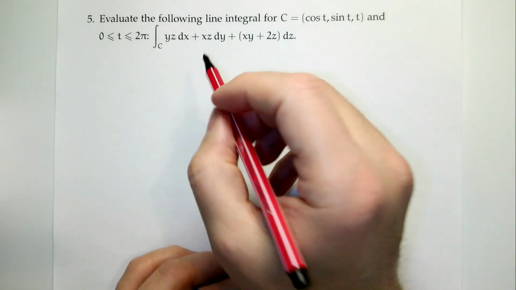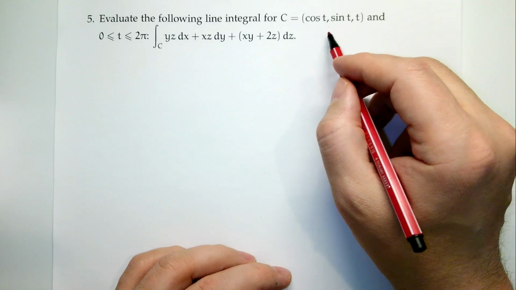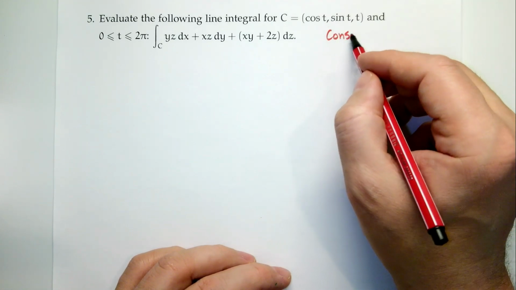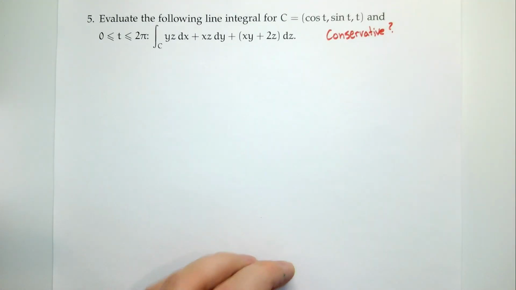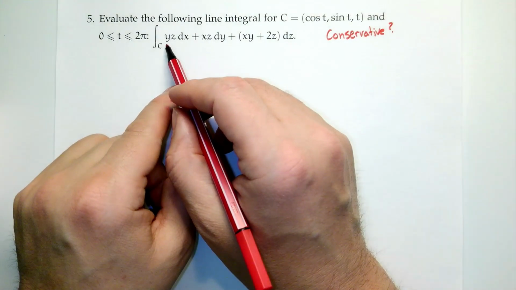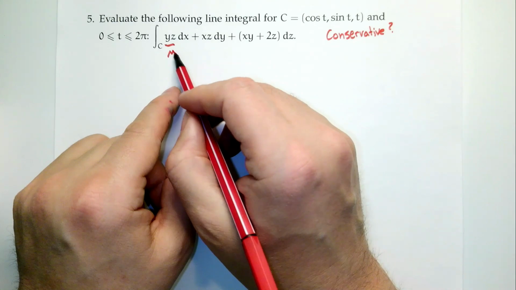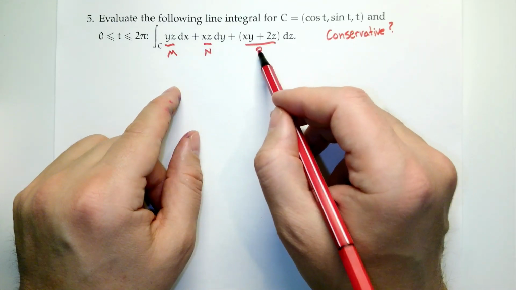Now, when you're doing line integrals of this format, you should always ask yourself a quick question: is this conservative? And if the answer is yes, try to use that fact. So what do I mean by use that fact? Well, this is our m, here's our n, and here's our p.